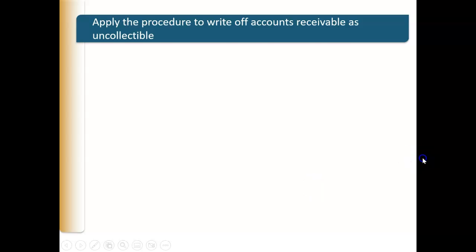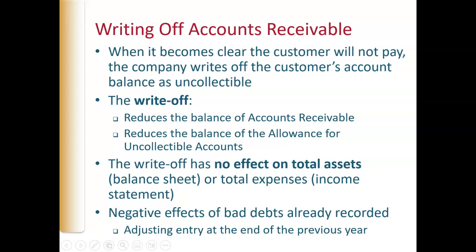I'll show you how. When it becomes clear a specific account is uncollectible, the customer's not going to pay, we then need to write off that specific account. What we do when we write it off, we reduce the balance in the accounts receivable for that account. We're going to zero it out.